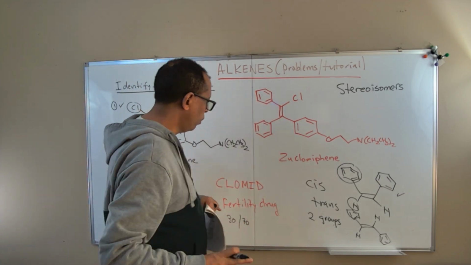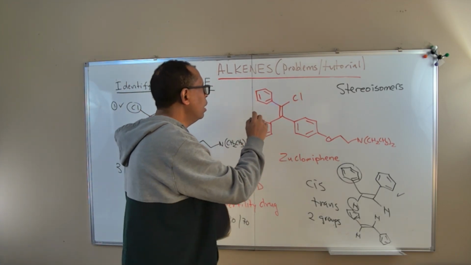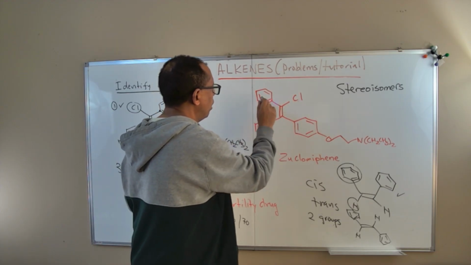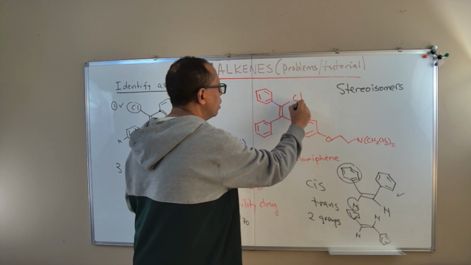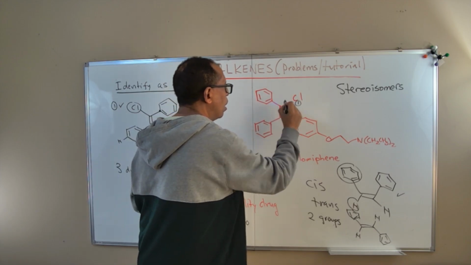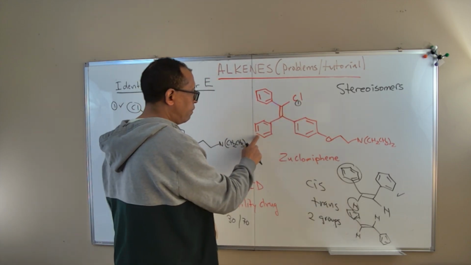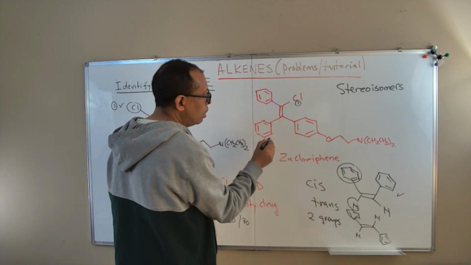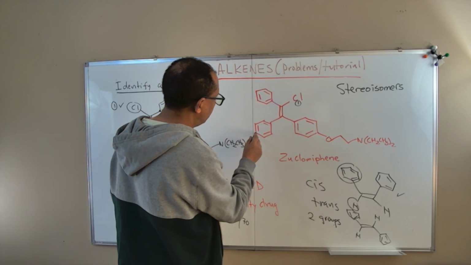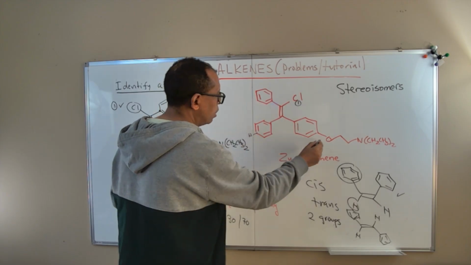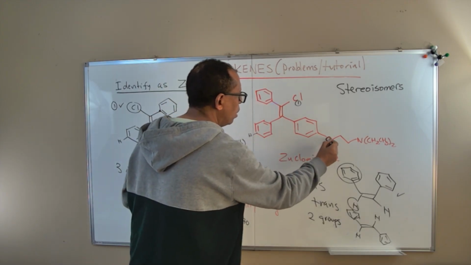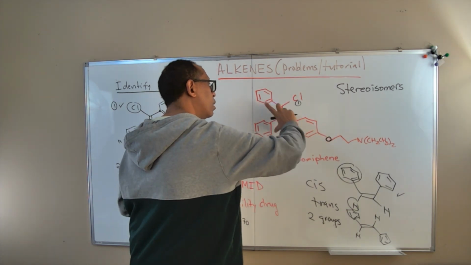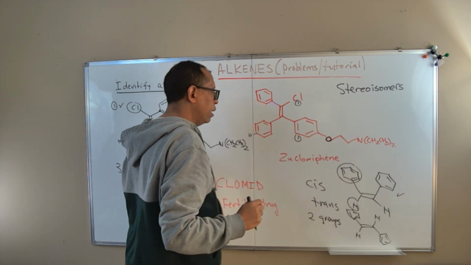When it comes to zuclomiphene, you have a priority assignment between chlorine and phenyl. This is the priority 1. And between this phenyl and that substituted phenyl, this is hydrogen, but this one has oxygen on it. So the priority would be for this. So the two priority groups are on the same side.